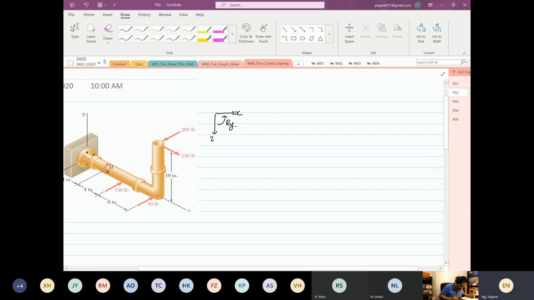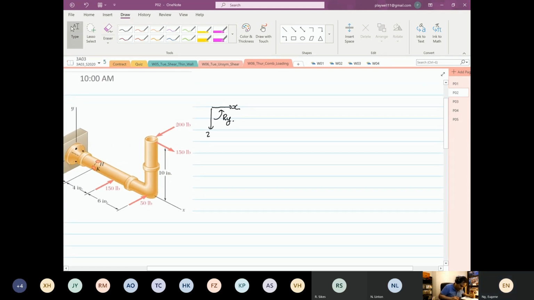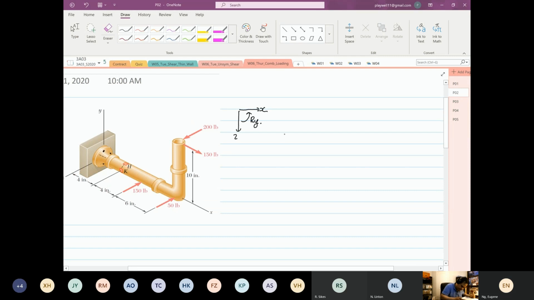We have one end that's fixed. Then we're going to have our beam. All right, so this is our beam.